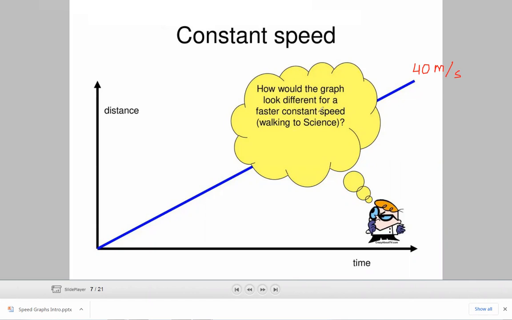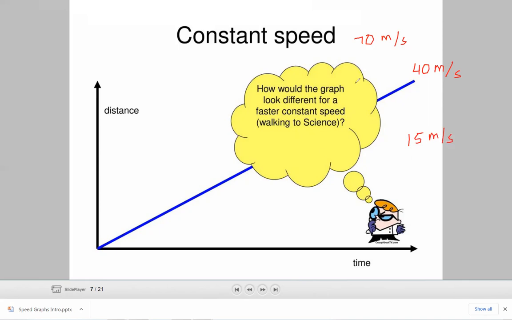What kind of a line would I have for an object that is traveling at 70 meters per second? Or I could also think of what kind of a line I would have for an object that is traveling at a constant speed of, let's say, 15 meters per second.